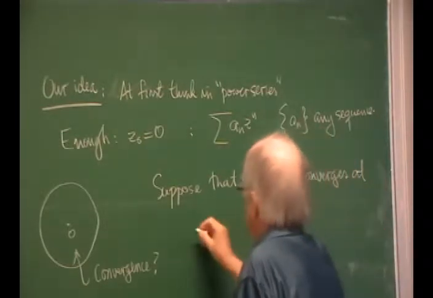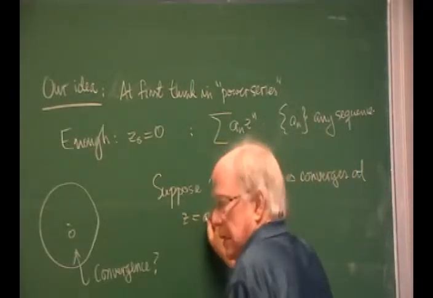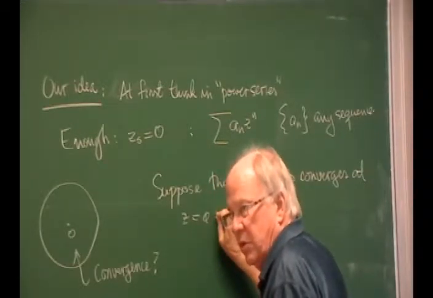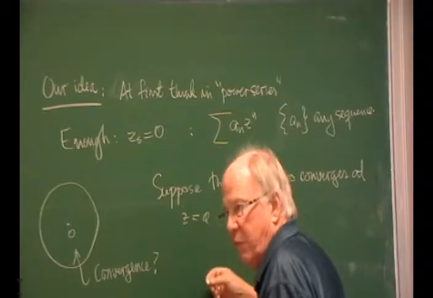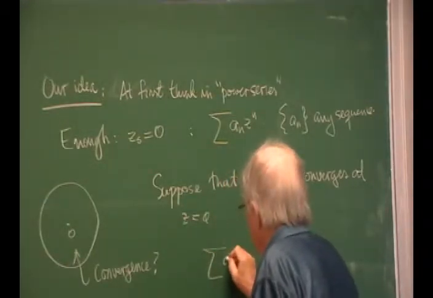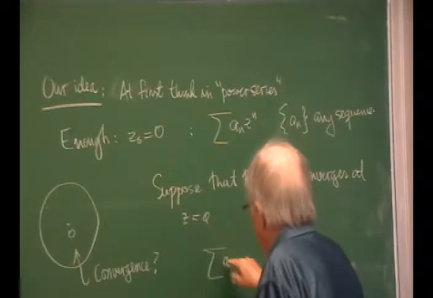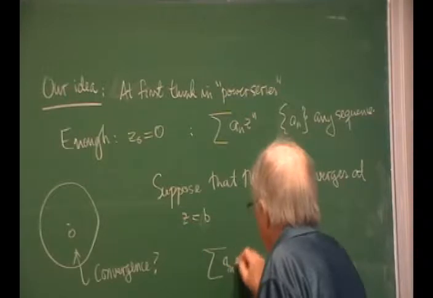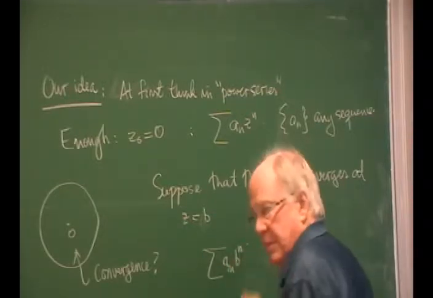At the point, say, z equals a. Just at a point. This is what we talked about in high school. Something converges at a point. Right? This means this converges. Maybe z equals b, a_n b^n.